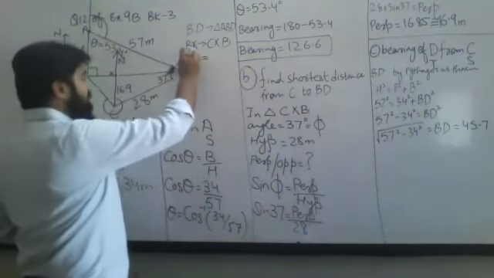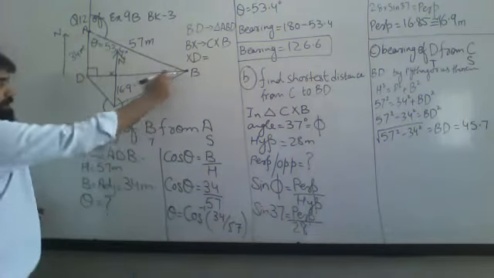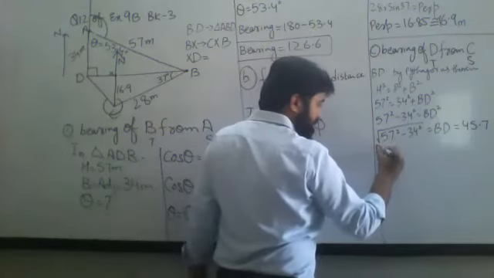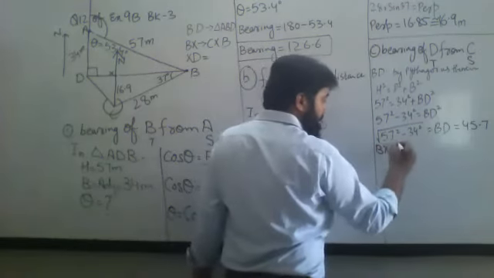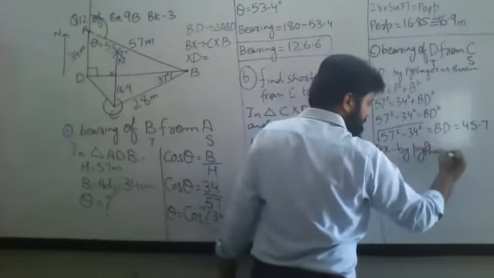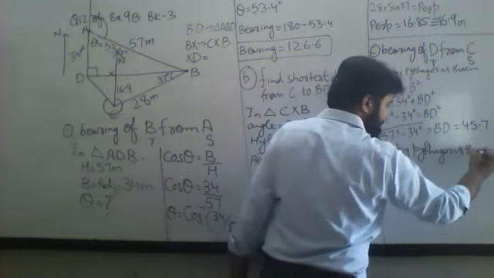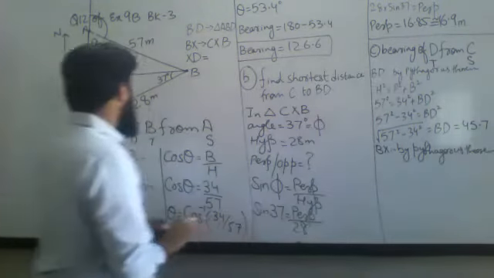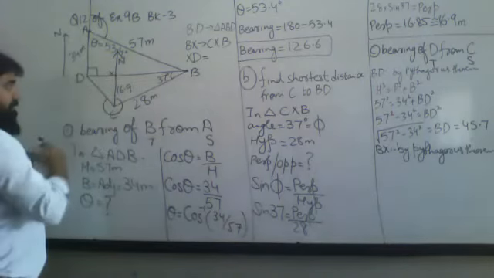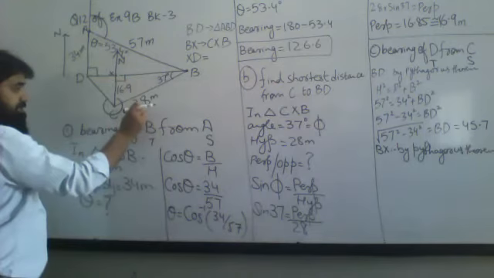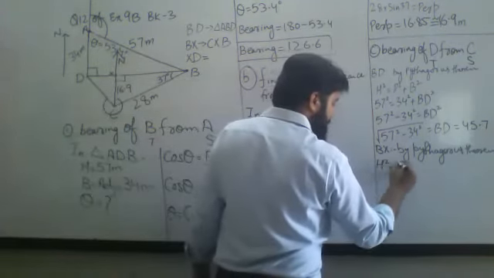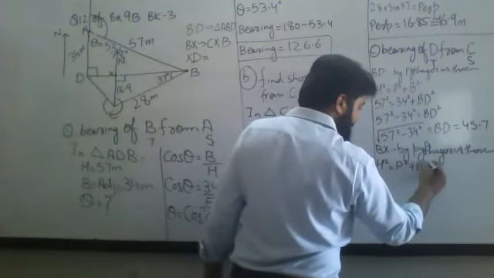Now I have to go for BX, which is over here. Again for BX, I will go by the Pythagoras theorem. This is the perpendicular, there is 90°, this is the hypotenuse, and I have to find this one. So hypotenuse square equals perpendicular square plus base square.